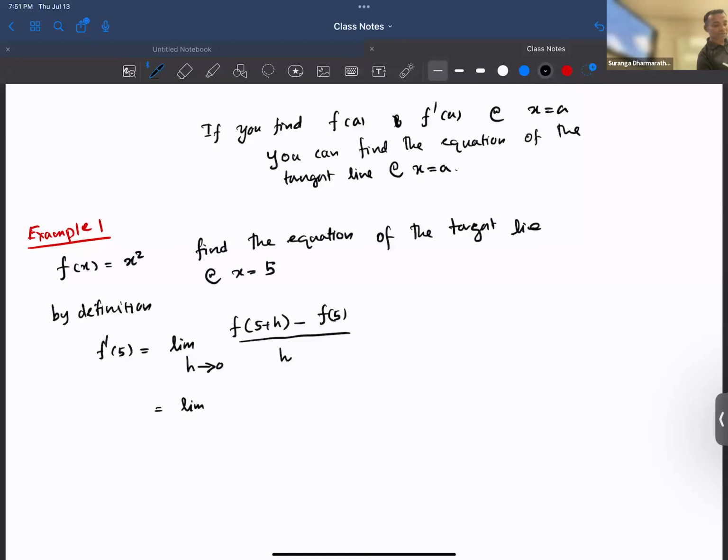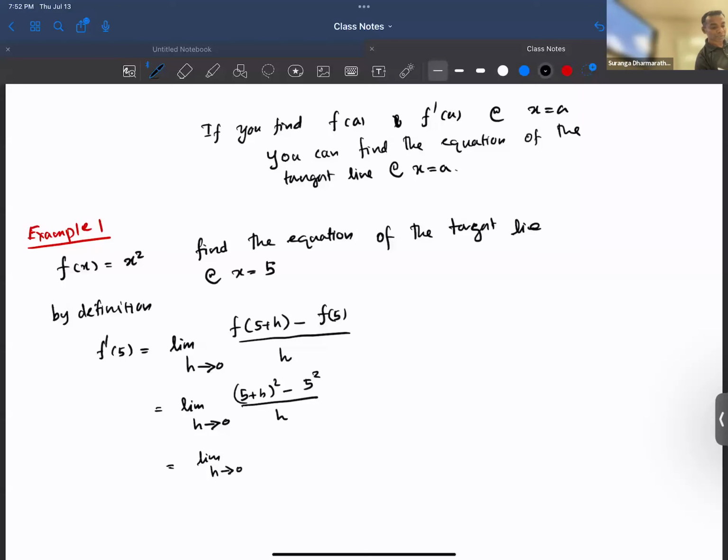So you have limit h goes to 0. What is f of 5 plus h? So it's what? 5 plus h squared, because it's x squared, right? Minus 5 squared divided by h, right? And then you have limit h goes to 0.